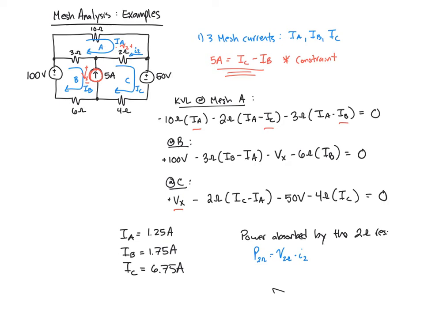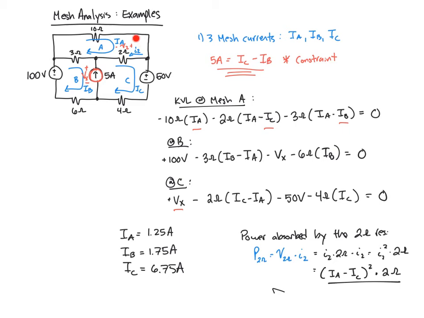We can rewrite this expression, as all we really need is V or I. So subbing in Ohm's law for V, I get I2 times 2 ohms times I2, which equals I2 squared times 2 ohms, where I2 is given as the summation of IA and IC, where IC is in the opposite direction, so IA minus IC, quantity squared times 2 ohms.